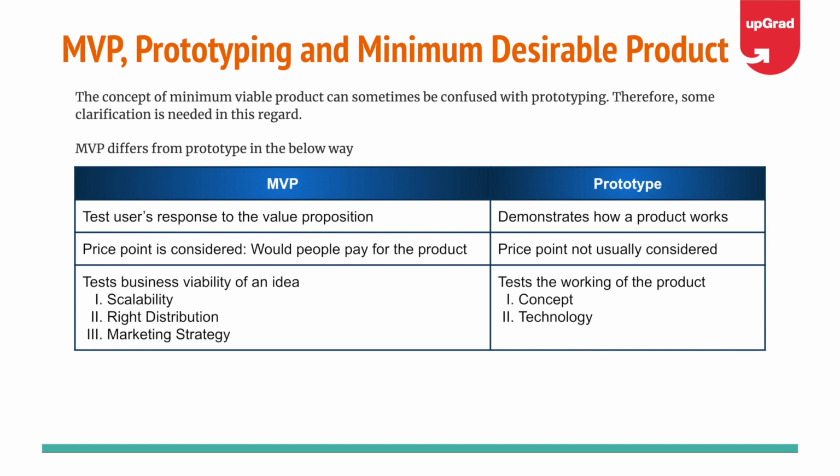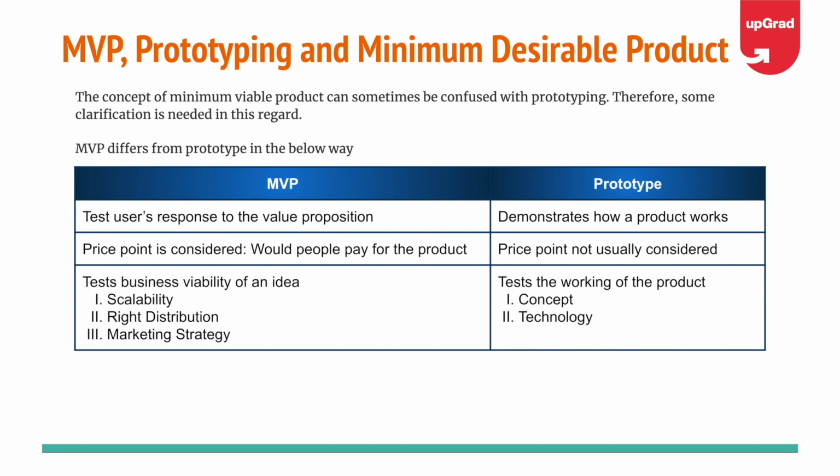So essentially the test is around the value proposition, right? The value proposition could be the price point, or it could be some other things, right? Like in Airbnb case, it was about people willing to stay in someone else's house if it's offered. Now you also test the business viability of the idea in a lot of cases, like scalability.